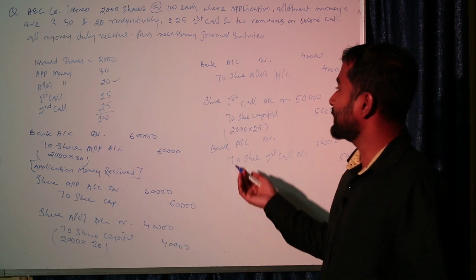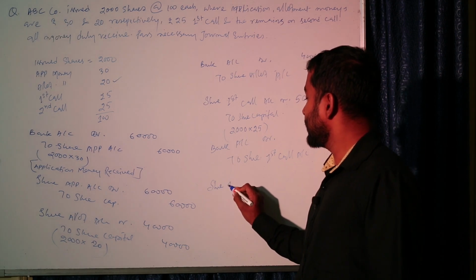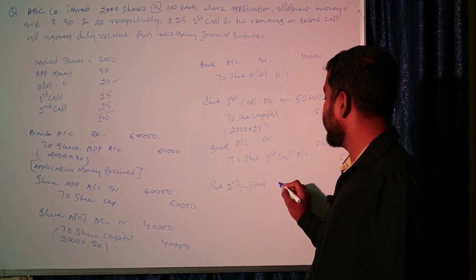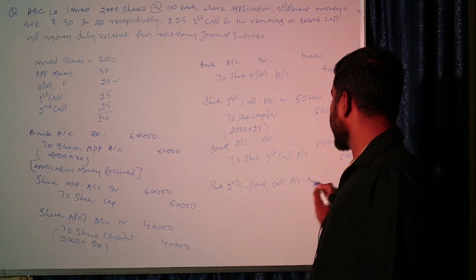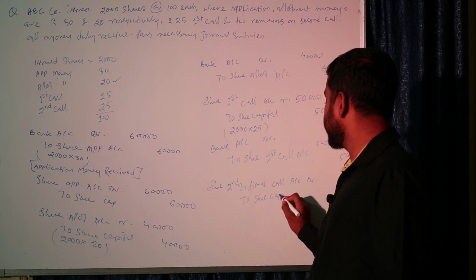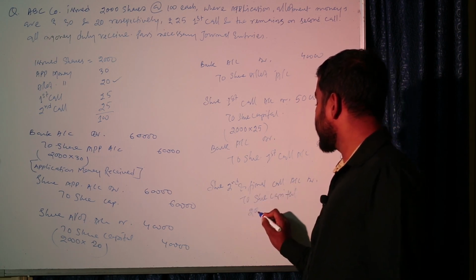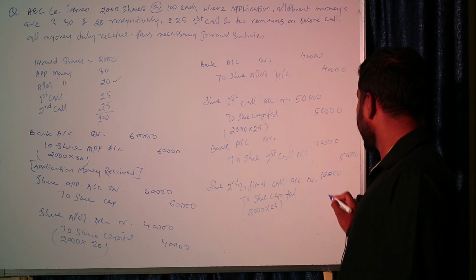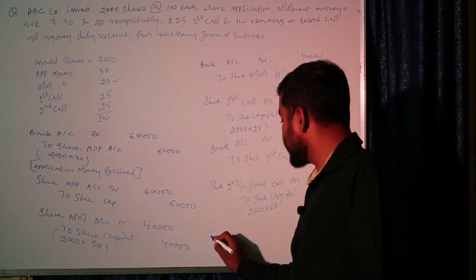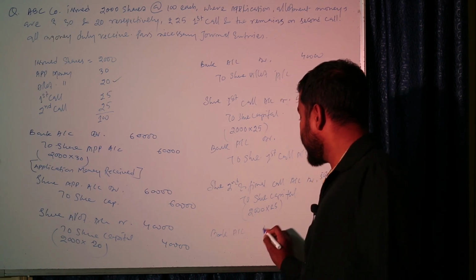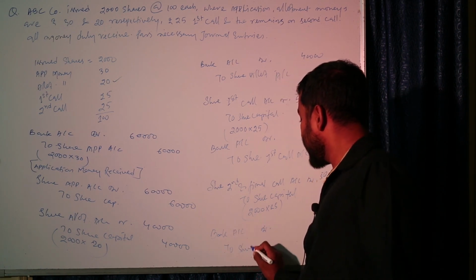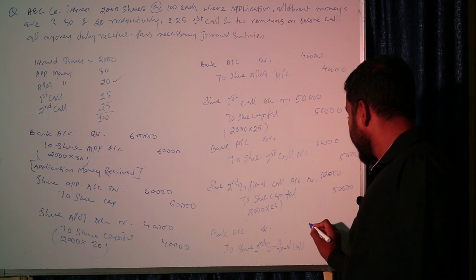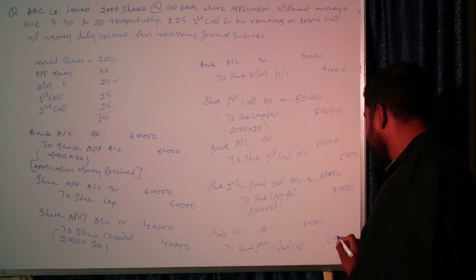Next the second call, same: share second and final call account debit to share capital, again 25 rupees, 2000 into 25, so 50,000. The last entry is the receive entry: bank account debit to share second and final call, 50,000 and 50,000.